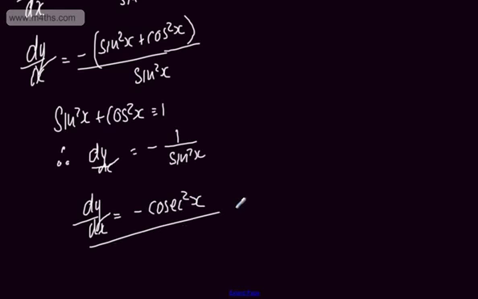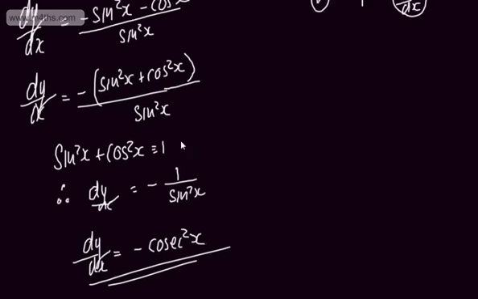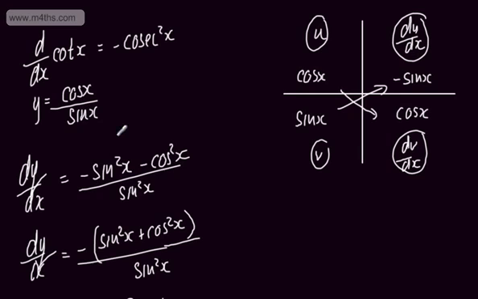And a little note to the examiner that 1 over sine x is equal to cosec x. That just shows that we've derived that derivative. So the derivative of cot x is minus cosec squared x, simply by using the quotient rule.